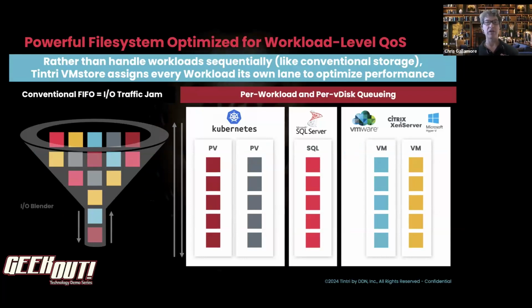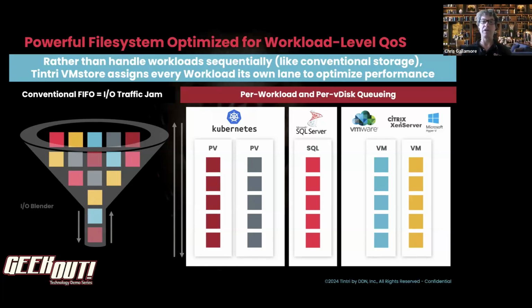So just a little bit back, we've built this file system to optimize for these objects. Rather than building a volume, putting the VMs into the volume and hoping we don't have to manage that much later on, we just manage by the virtual machine. So it gets rid of that blender effect.